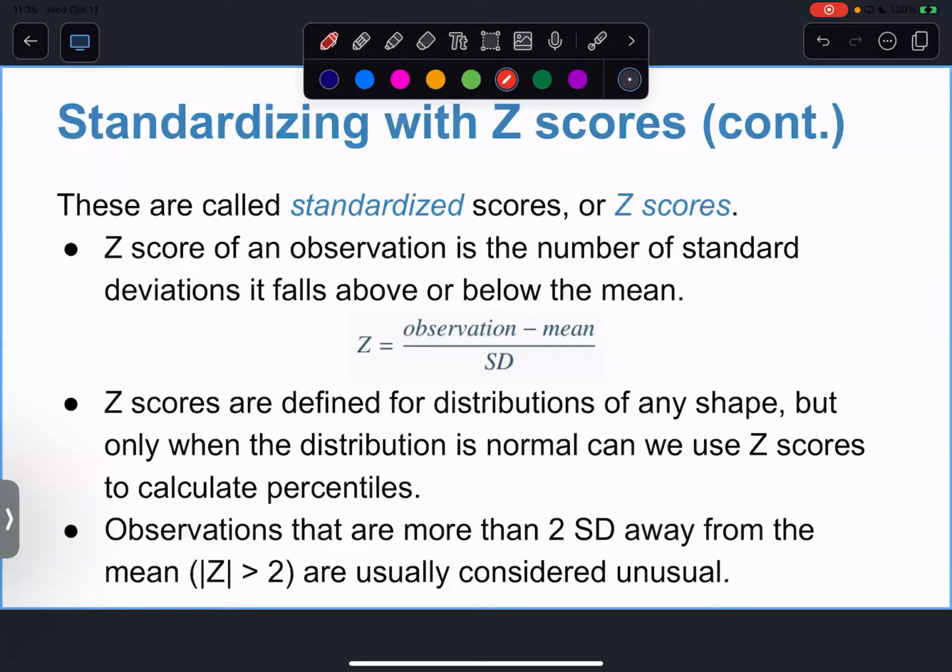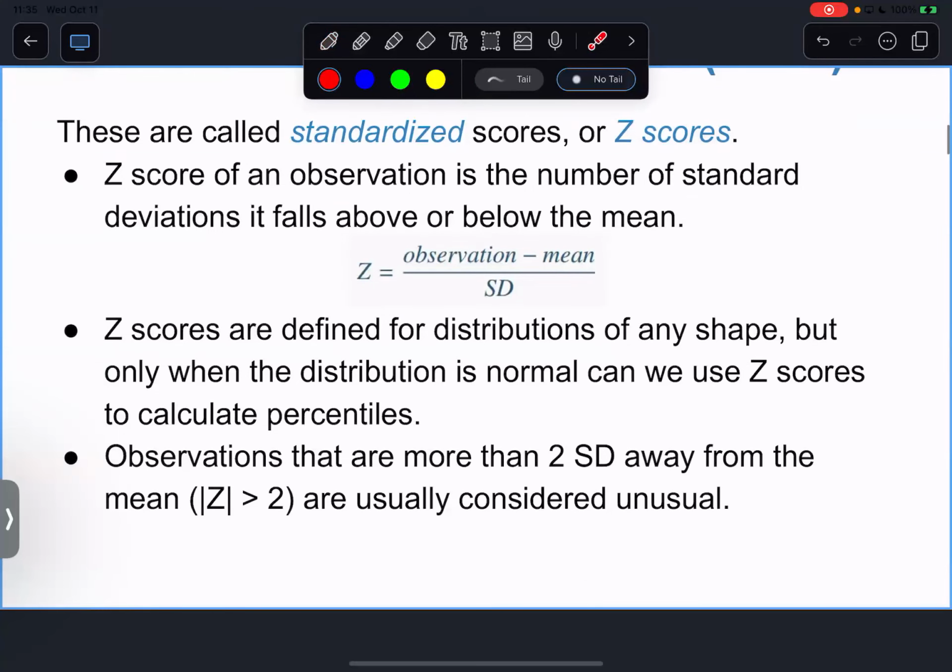So we're going to be talking about Z scores, and you might have seen Z scores in the past. They're just standardized values taking into account the mean and the standard deviation. Now, the order that we're going to find the distance is always going to be the observation minus the mean.